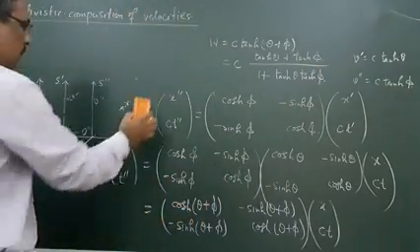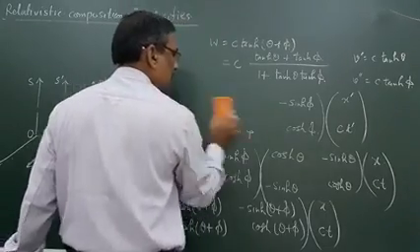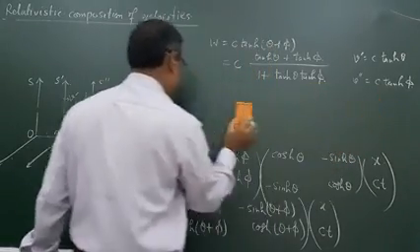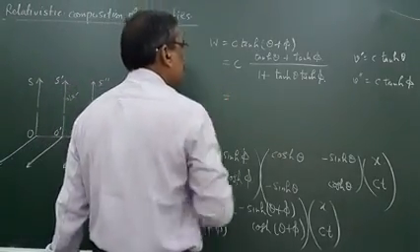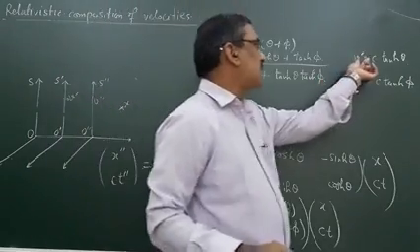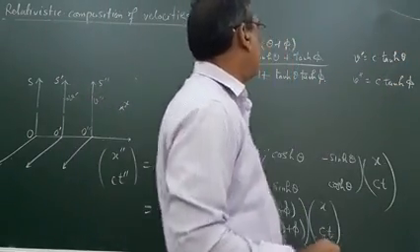Now this will give us v dash is equal to c tanh theta.